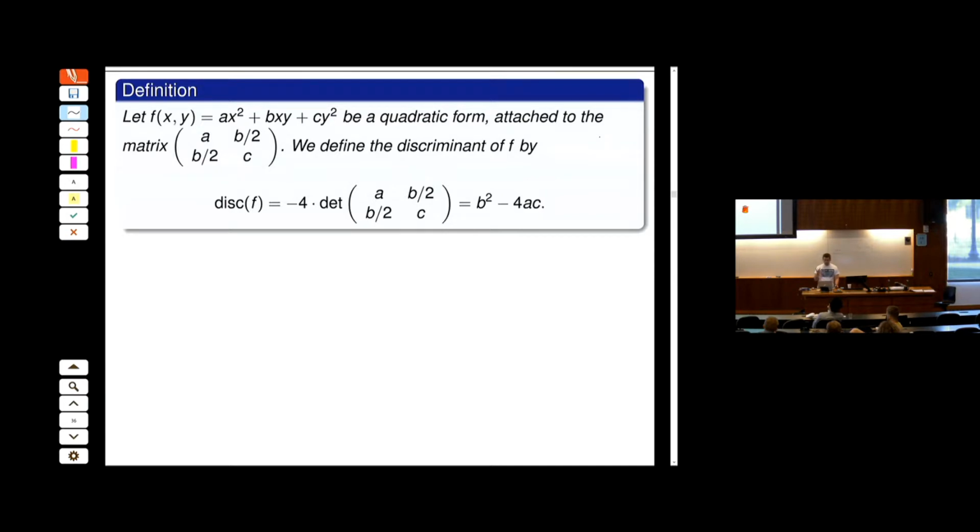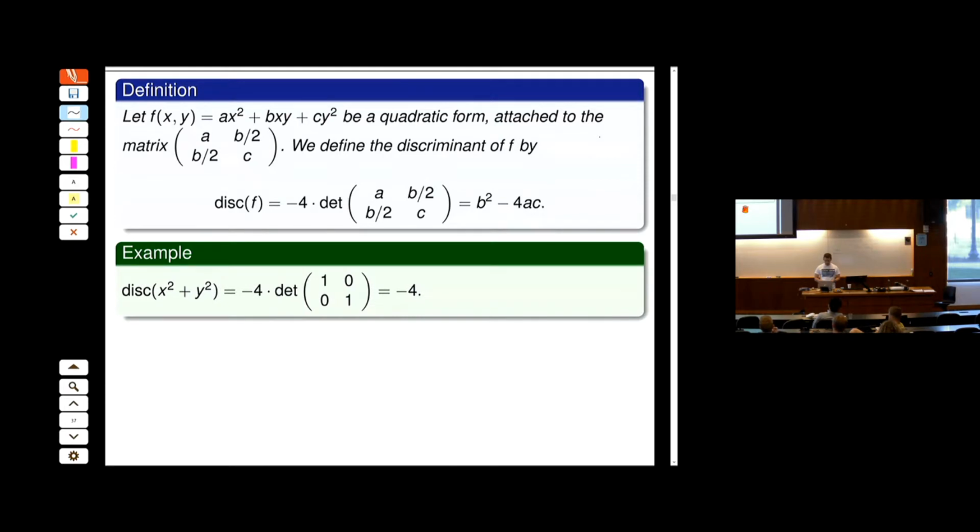So we define that invariant. That's what's called the discriminant of the form. So if you have a form ax squared plus bxy plus cy squared, the discriminant is b squared minus 4ac, as you would probably imagine. And if you take the form that we talked about before, that discriminant is minus 4.